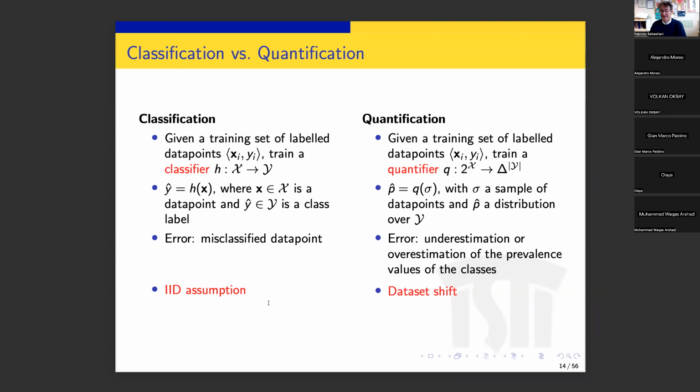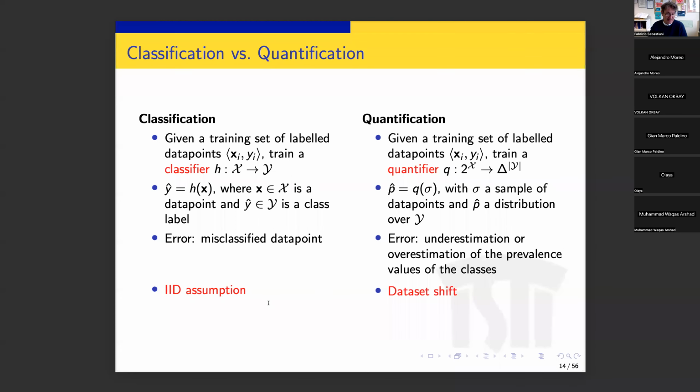A quantifier is a predictor that takes as input a set of data points and returns a class distribution, which is here indicated by this symbol that represents the probability simplex. Essentially, take a set of data points, return a distribution across the classes in Y. And again, in classification, the prediction is h(x), it's y, which is here indicated with a hat.